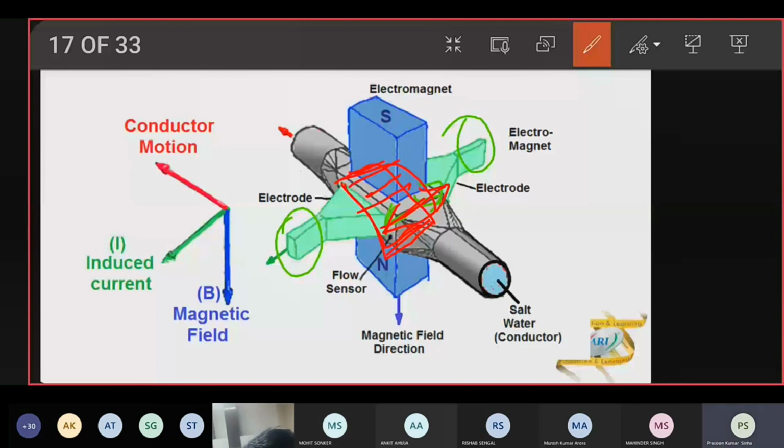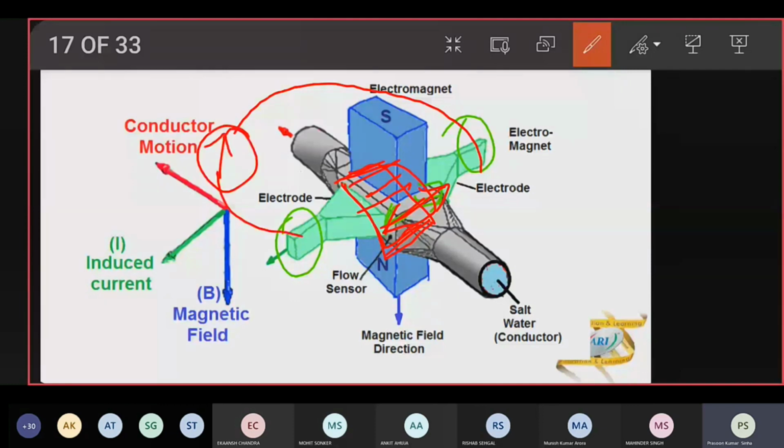The surface area, the two plates with electrodes, and the cross section of water between them, that all will be participating in the current. So the current which is flowing is taken outside, and here if we put a galvanometer, we will be seeing the current.